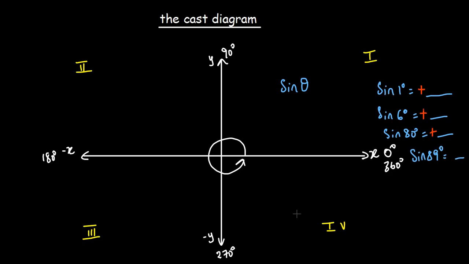Let's go to sine 89 degrees. Positive or negative? We still get positive. Okay, let's try sine 91 degrees. Positive or negative? Yes, we get it as positive.